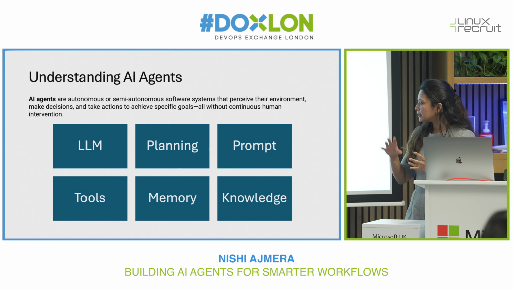Then comes your memory. Now your memory can be a short-term memory or a long-term memory. Short-term memory here would be the conversation which you're having with the agent. For example, going back to the example of your travel agent, I go to the travel agent and I say, can you find me an itinerary for a 3-day trip to Marseille in, let's say, mid of May?